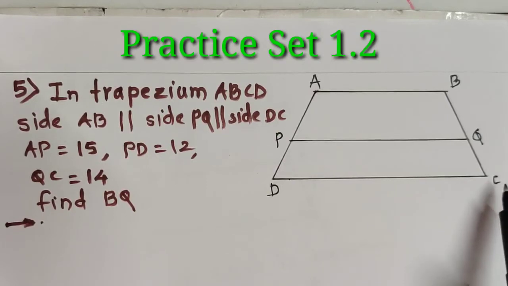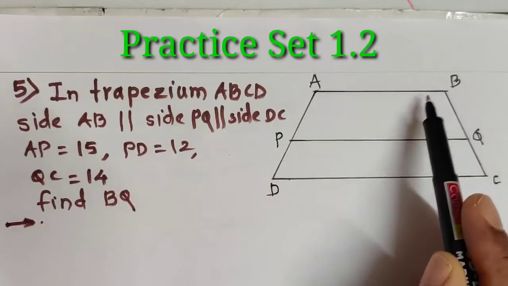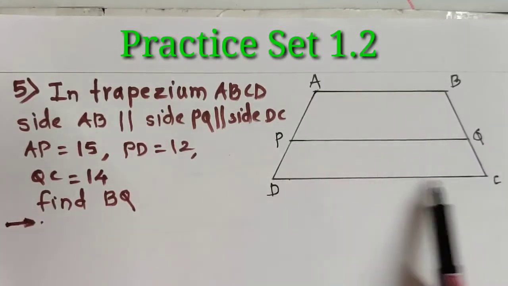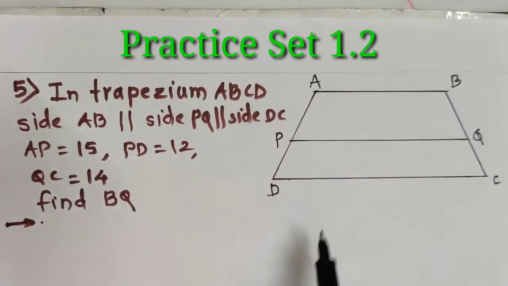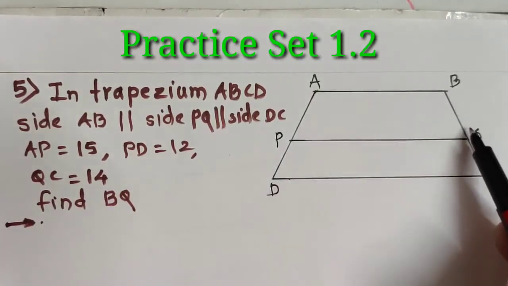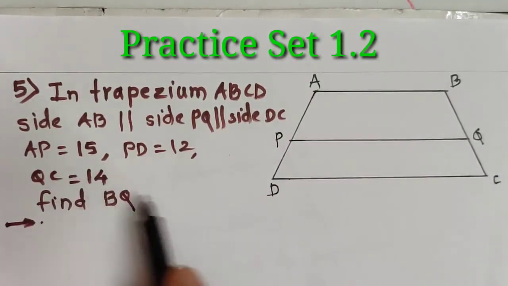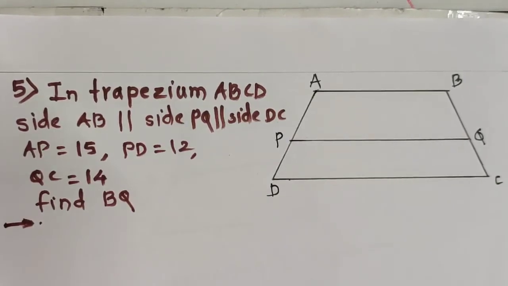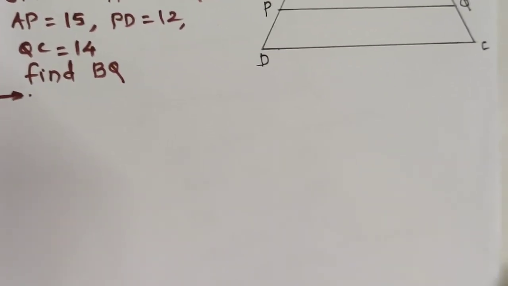Now in this figure, side AB parallel PQ parallel DC, means three parallel lines are given. Then by the property of three parallel lines and their transversal, we can write AP by PD is equal to BQ by QC, and values of some segments are given. Directly use that property.